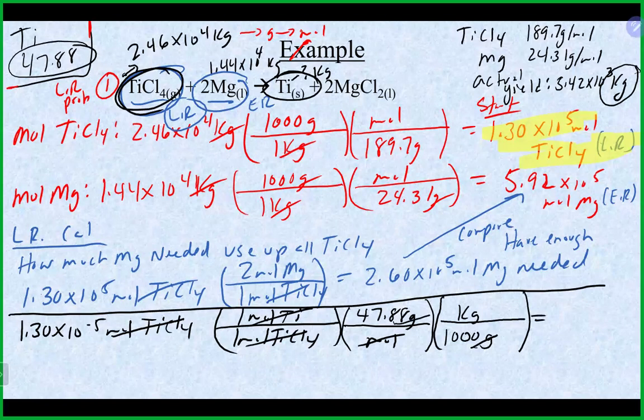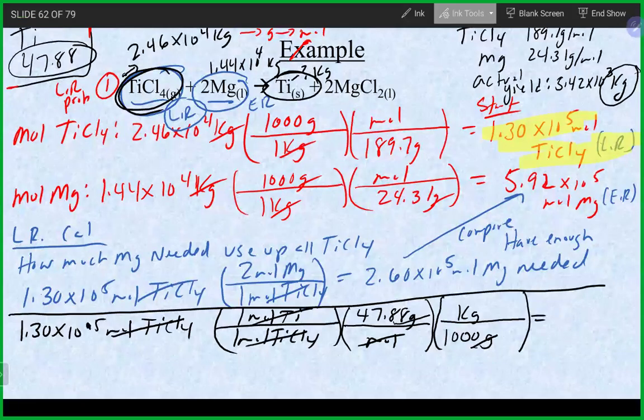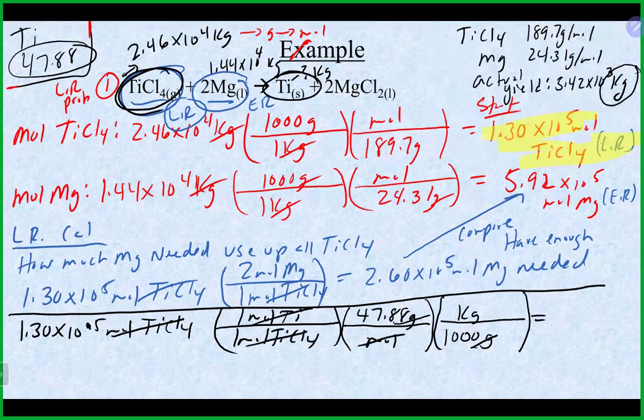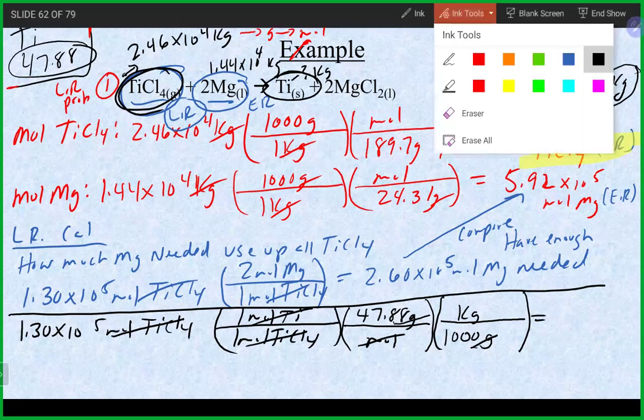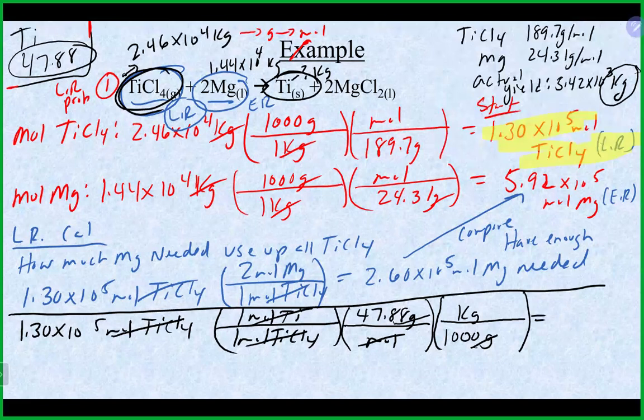So 1.3 times 10 to the fifth, that's positive 5. Sorry, no negative there. Get rid of that there. There we go. Times 47.88 divided by 1,000. And that's going to get me here 6.22 times 10 to the 3 here, I think.